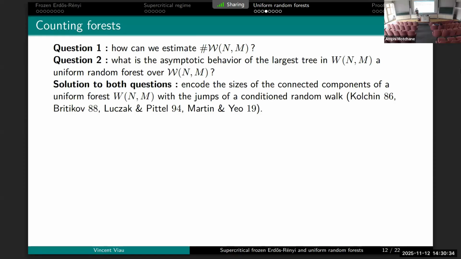There's a question from online. Yeah. So just to make sure, uniform random forest on K vertices assigns the same probability to the forest on all K isolated vertices and a spanning tree on K vertices. Can you repeat the question? Sorry?